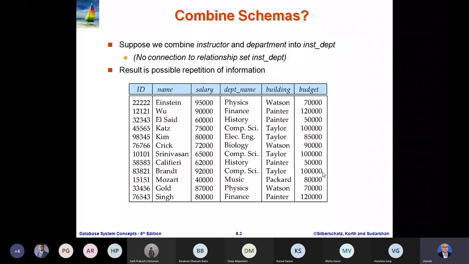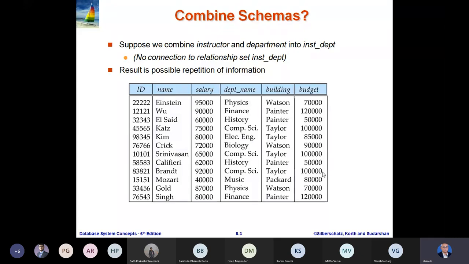Also, if you remember, I said that if we assume that this building and budget are specific to a department, then there is a lot of repetition. But even otherwise, even if we assume that the building name could be different for the same department, there could be multiple buildings, or the budget itself could be for a particular building of a particular department name.